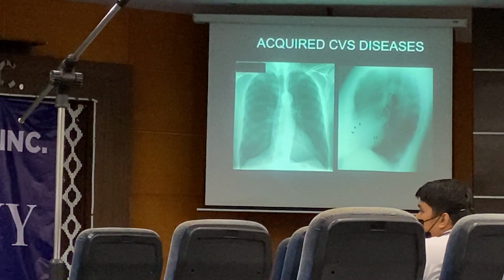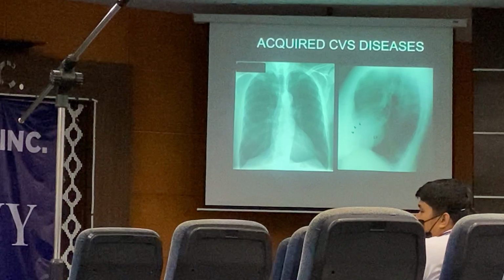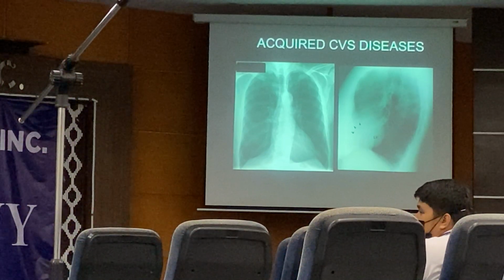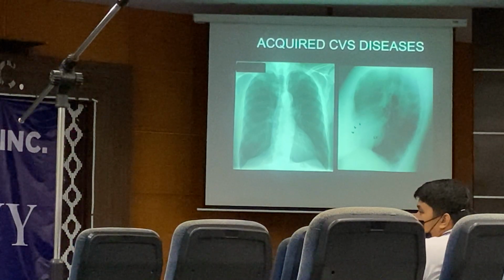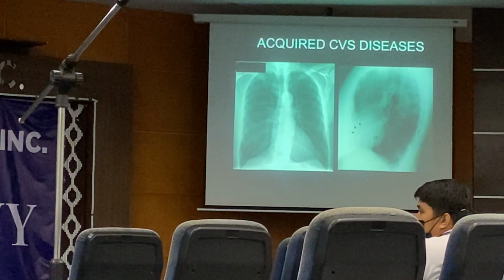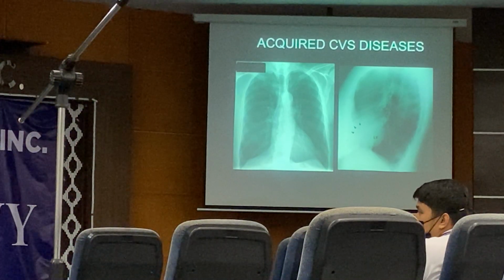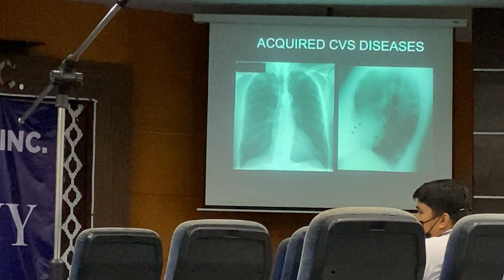What would be your differential diagnosis? Yeah, aneurysm, right? Why? Because when you have an infarct in a part of your heart, there will be weakening of that wall, so it will bulge.